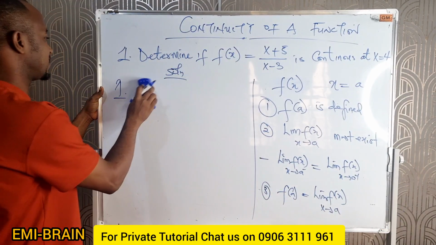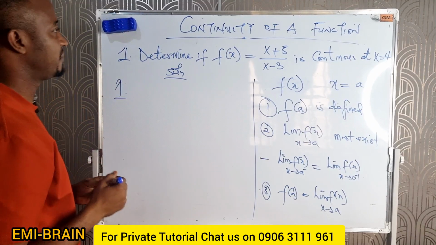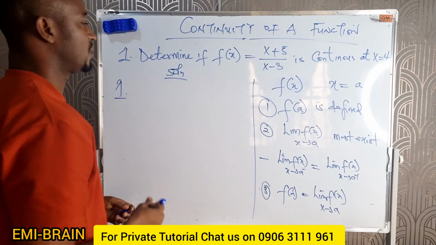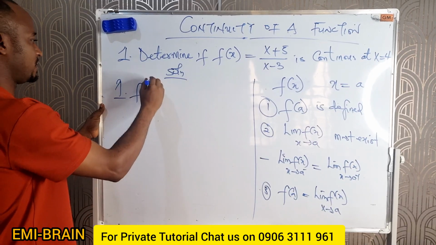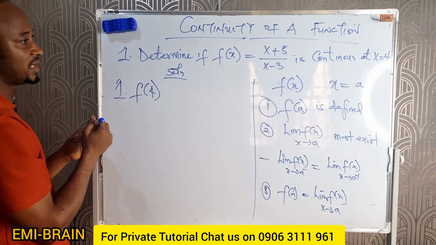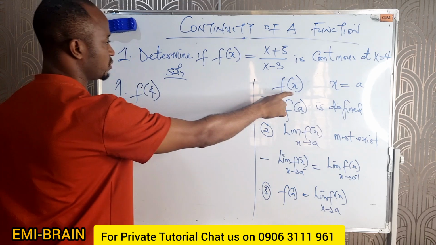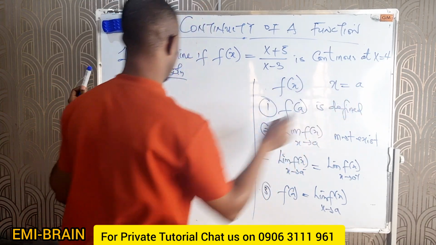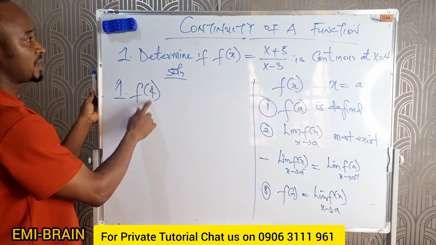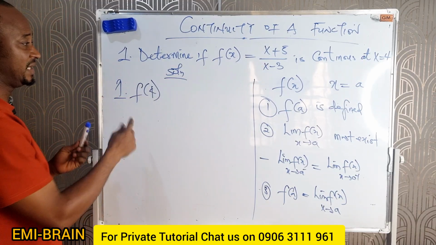Okay, so the first is to define f of a. In this case, we are asked to determine if f of x is continuous at x equals 4. So the first is to determine f of 4. Our a is 4, right? So I will substitute my x as 4 to define f of 4.